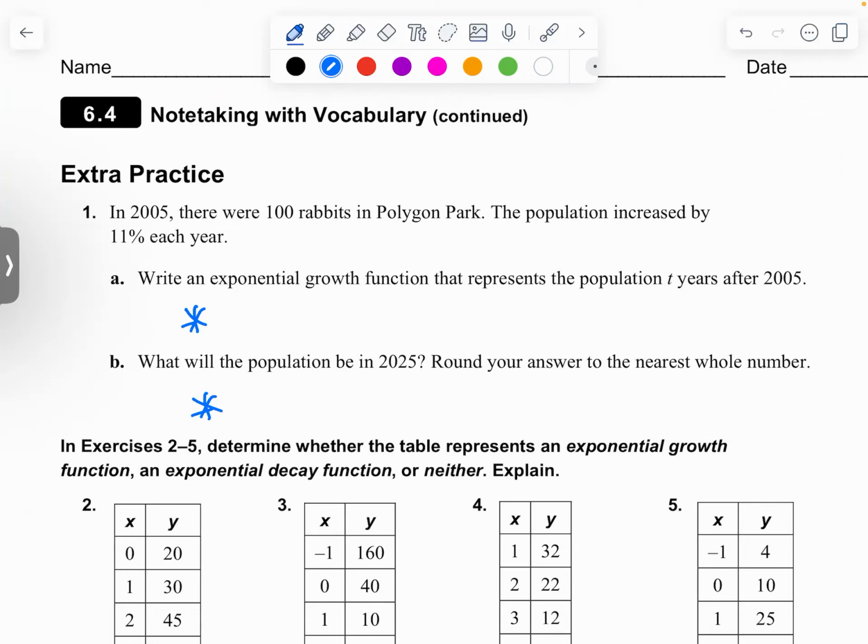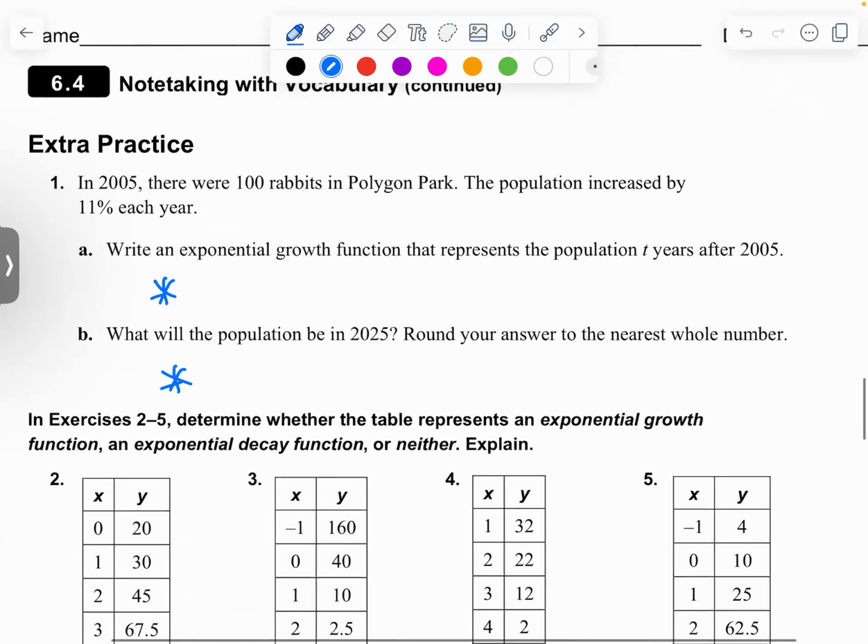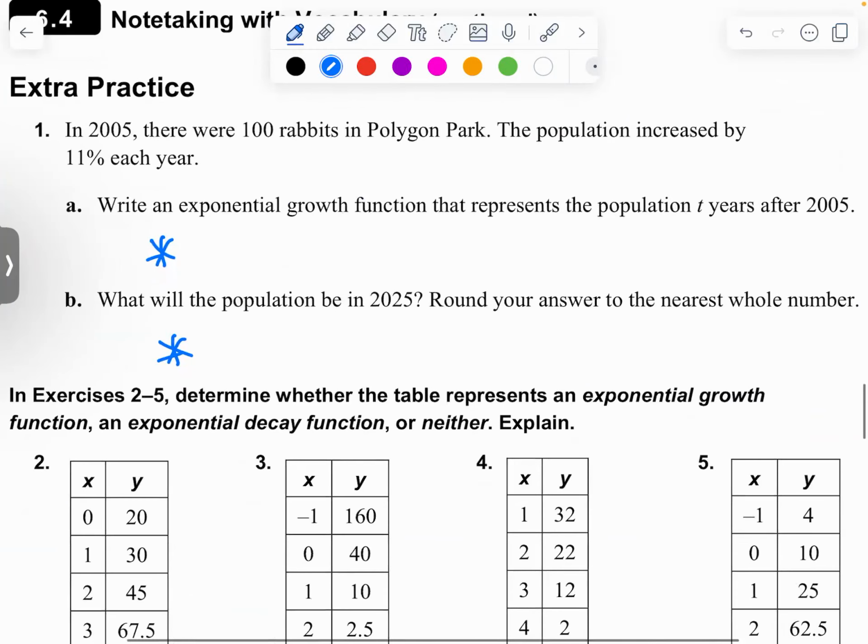Okay, so we're having a little struggle here. You gotta get overflow. For your equation, what is A? 100. And if it's 11%, are we growing or decaying? So 1.11 to the T, right?